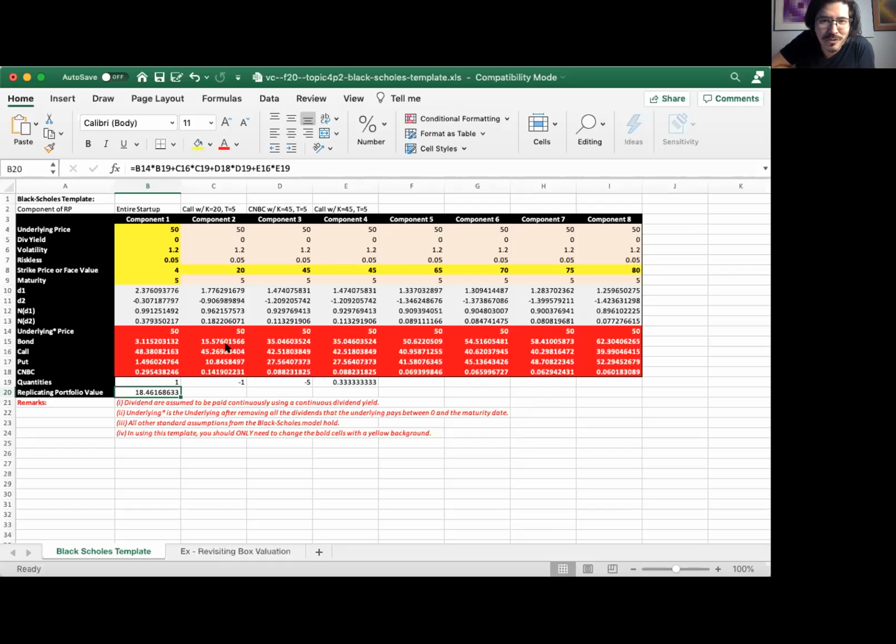This course is not a derivatives course, so I'm not going to test you on Black-Scholes. I just want you to be able to use the template and to understand the logic of replication and why the valuation makes sense. And I think that example of a fruit salad gives you at least some high-level context on what's actually happening here. So we will continue doing more examples of this in 2 days.